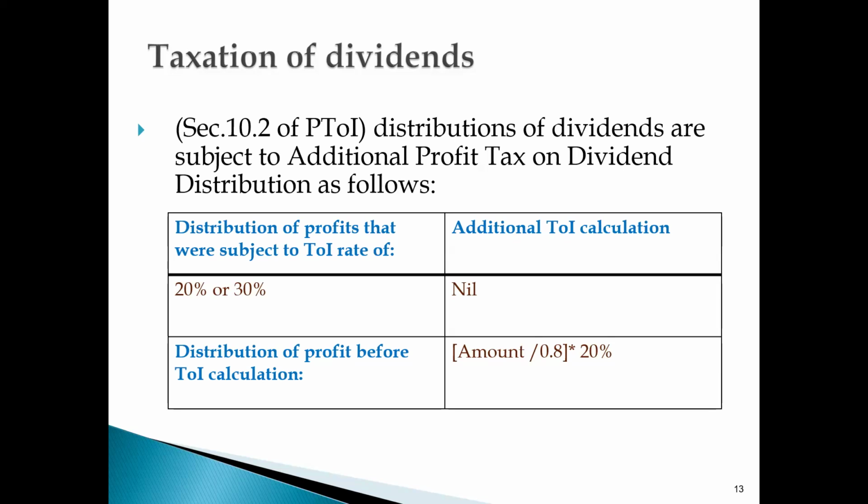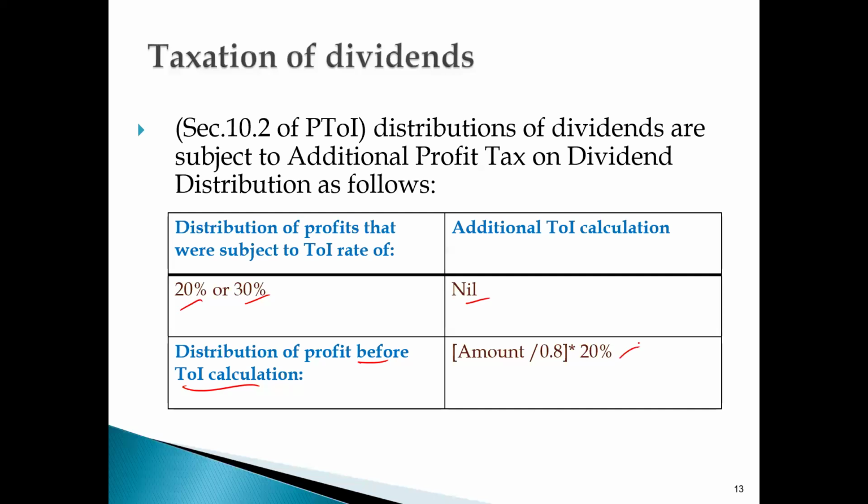calculation. So if you pay the profits or retained earnings on which you already paid 20% or 30%, then ADDT is 0. However, if you distribute your dividend from the profit before TOI calculation, you are required to pay what we call ADDT, which is the additional profits tax on dividend distribution.